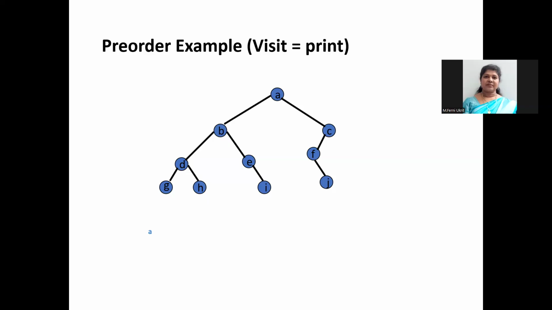So it has a left, D, but that also has a left. You have to go in the order of root left right. So first root A, left is B, then right is C.